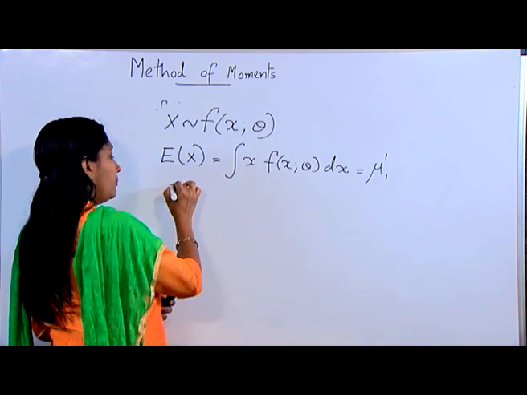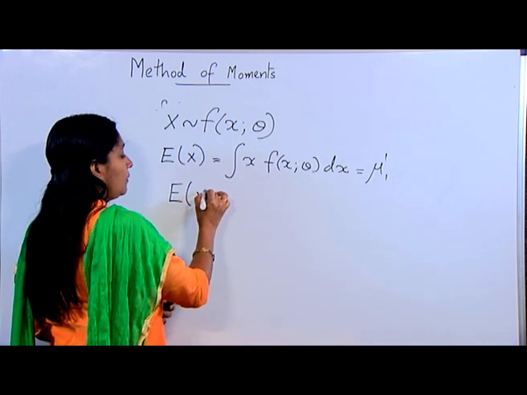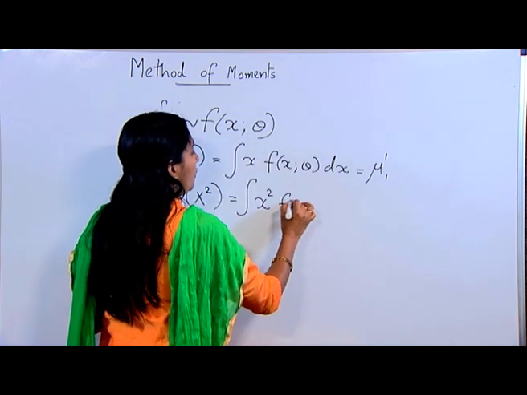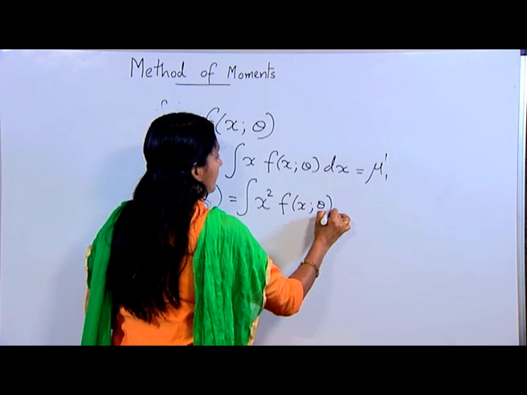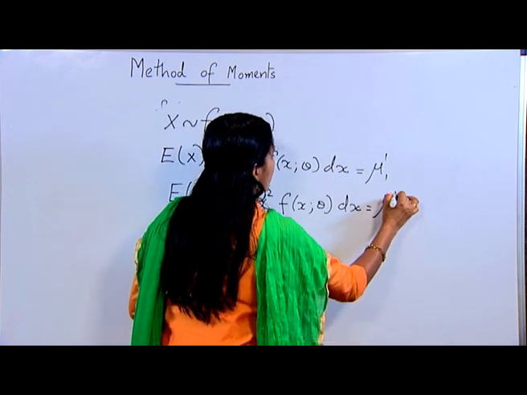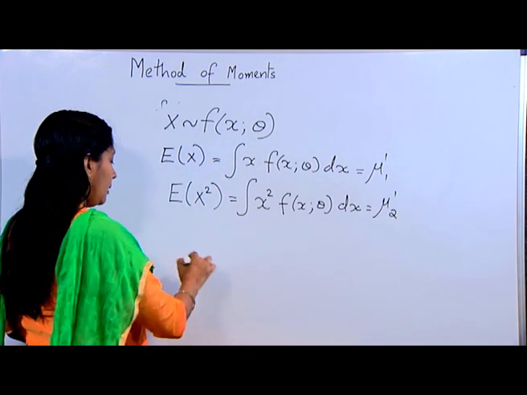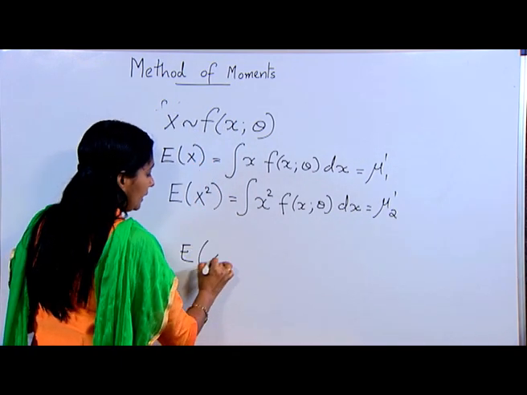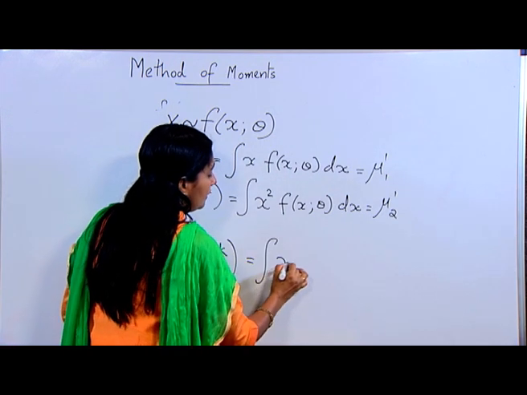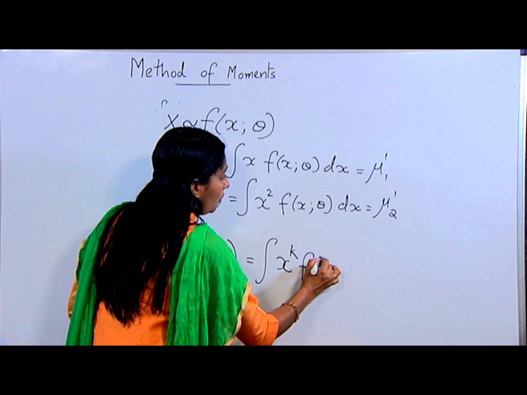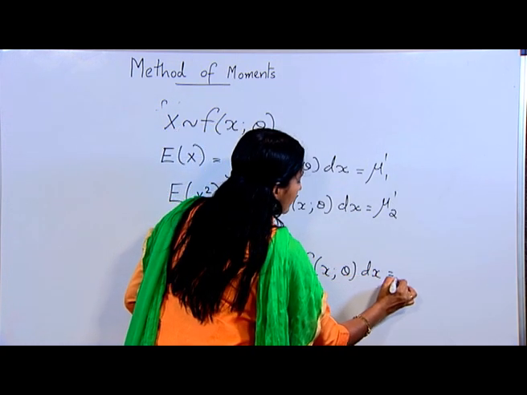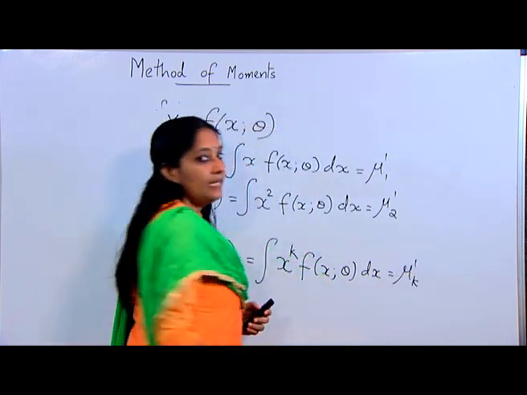Now, the second order moment, expectation of X square, is equal to integral of x square f of x comma theta dx, and let us denote it as mu 2 dash, etc., up to the kth order moment, expectation of X raised to k, which is equal to integral of x raised to k f of x comma theta dx, equal to mu k dash.